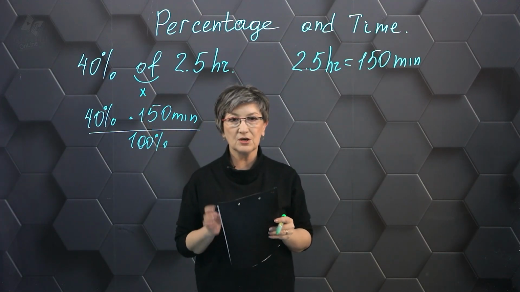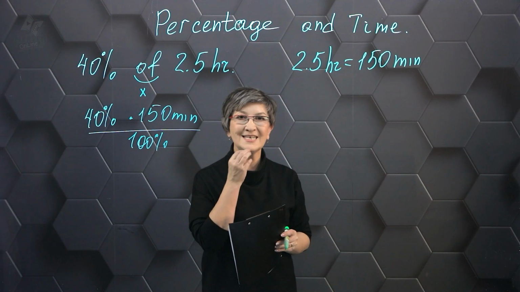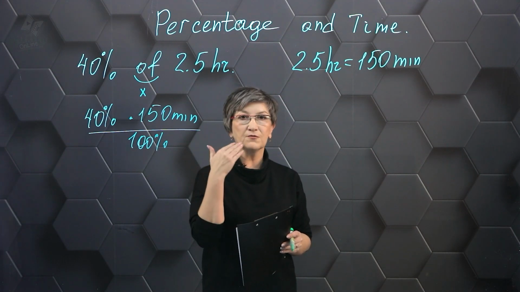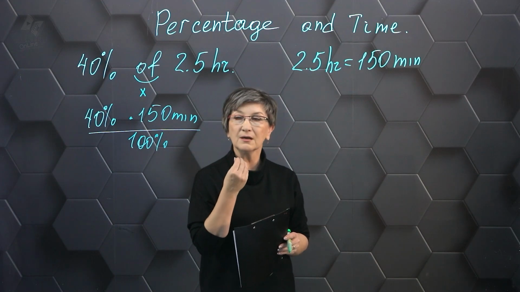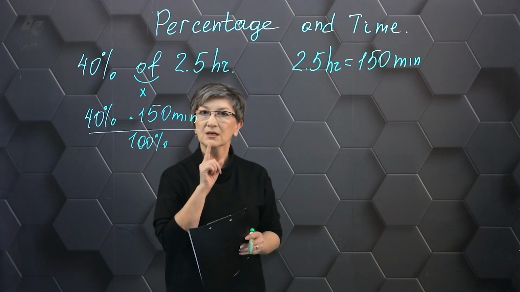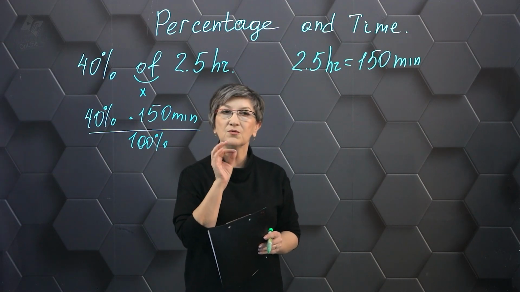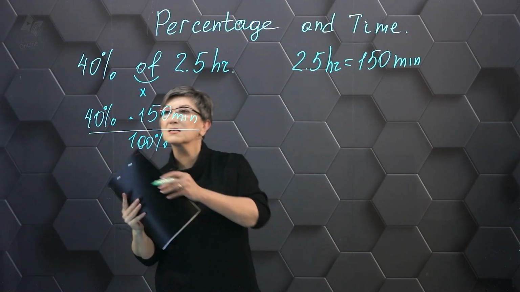Once again, in my answer, I have to get the units of time, which in our case is minutes, or hours. Then the percent sign, I have to reduce. Only in this case can you get the correct answer. I see that the percent sign is cancelling.